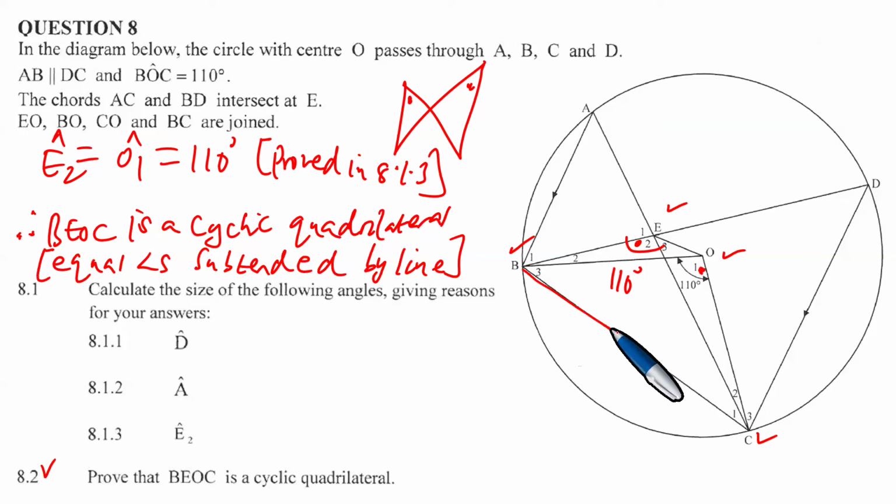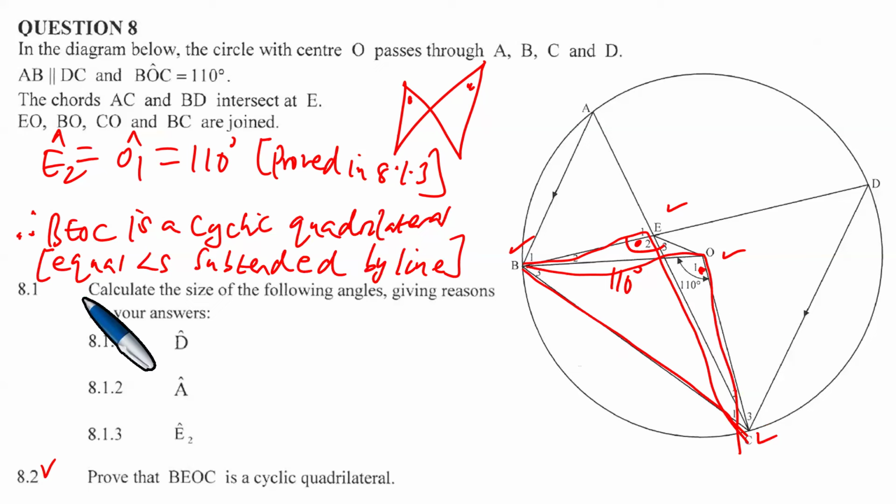This line subtends equal angles, and therefore we can say that BEOC is a cyclic quad. Why? Because of equal angles subtended by the line. And therefore BEOC is a cyclic quadrilateral.